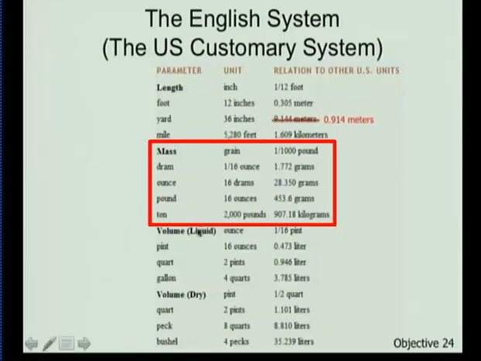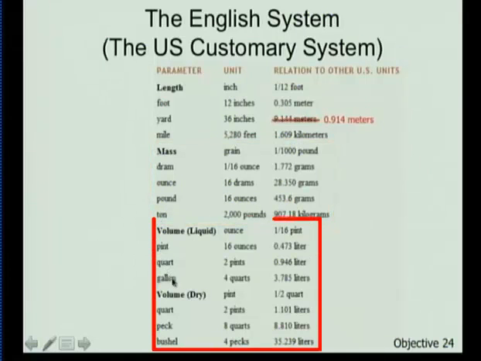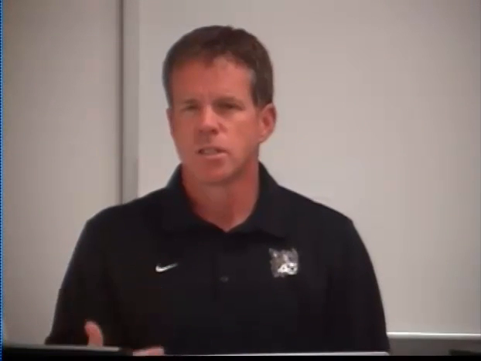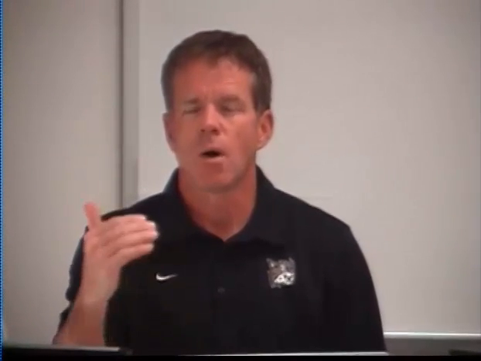As we look at measuring mass, grams and ounces and pounds and tons, the same thing is true: 16 ounces is a pound and 2,000 pounds is a ton. And as we measure both liquid volume and dry volume, these numbers get quite cumbersome. But if we compare that to the metric system, we'll notice how small this table becomes. And there's an advantage to this, in that the metric system is based on the power of 10.